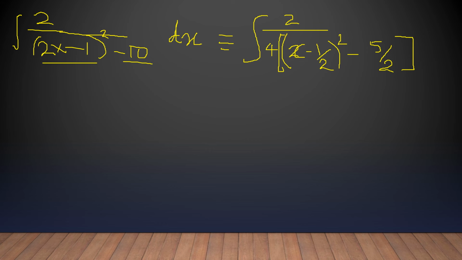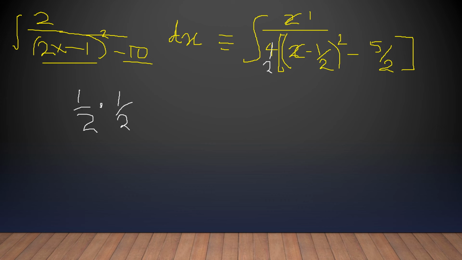So you do this and this, get 2. So this one is half, and we are multiplying this by the half from the formula, half a.